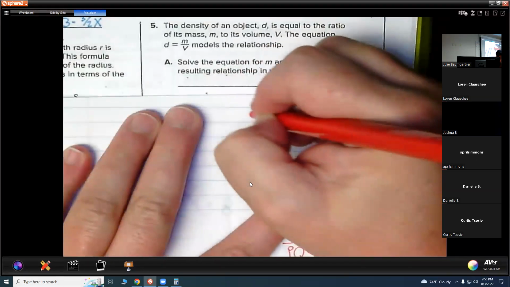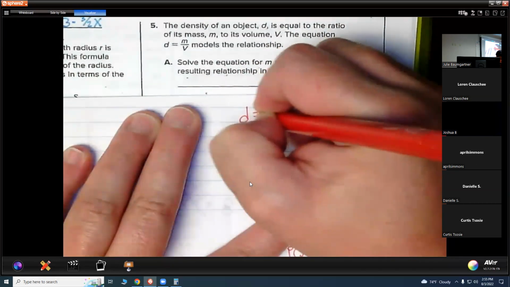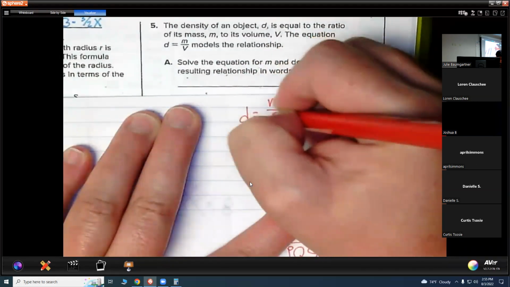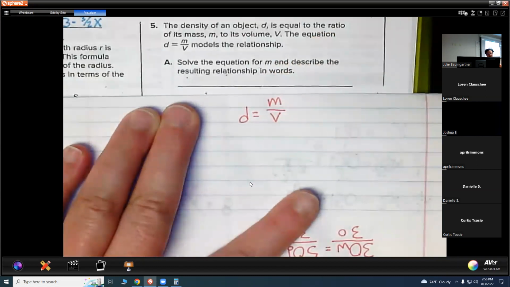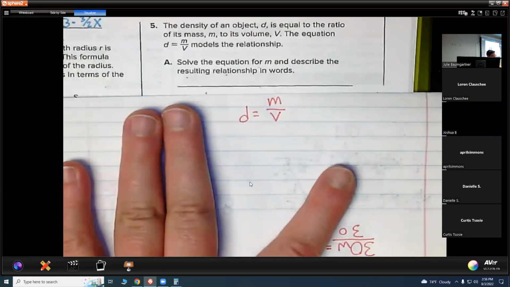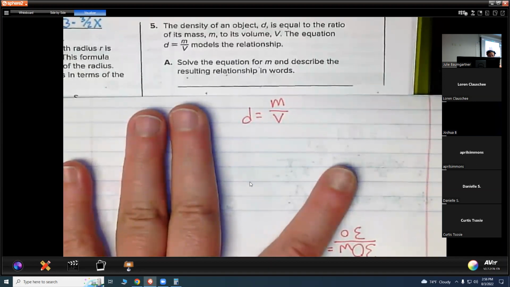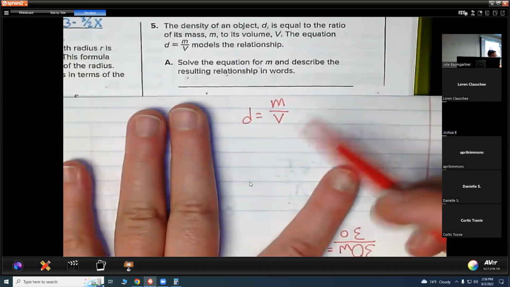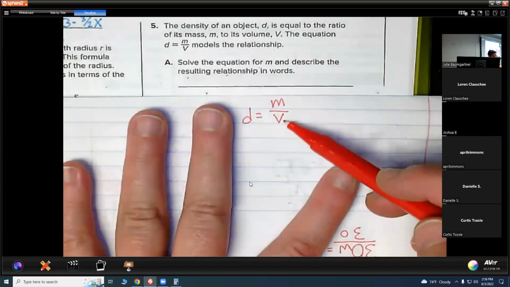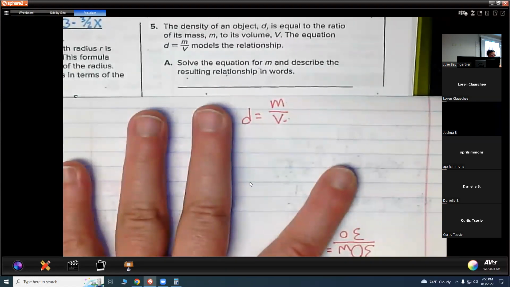So if we know that D equals M over V, what should we do to get M by itself? Yeah, what do we need to do? So if this is M divided by V, what should we do with V to get rid of it on this side?